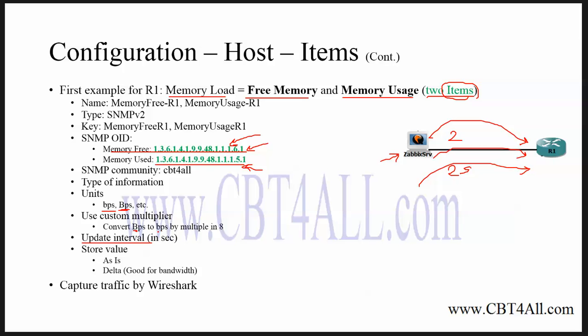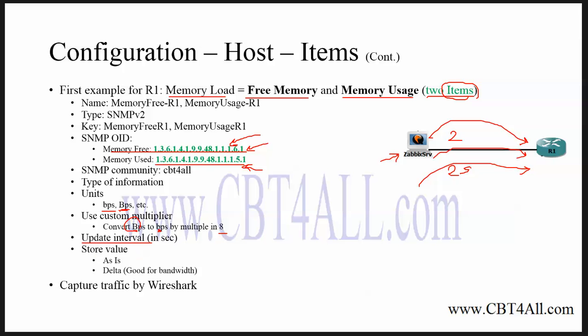If, for example, you are monitoring the interface in bytes and you want to change it to bits, you can multiply this number by 8. So it's good for calculating byte and bit. But anyway, if you want to multiply the value you are monitoring, you can use these options.